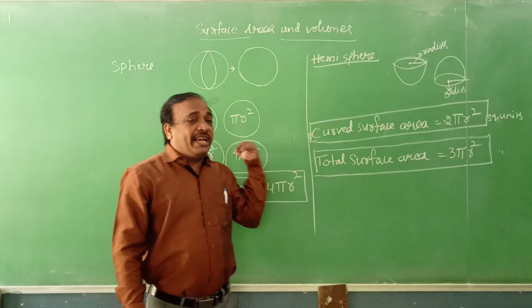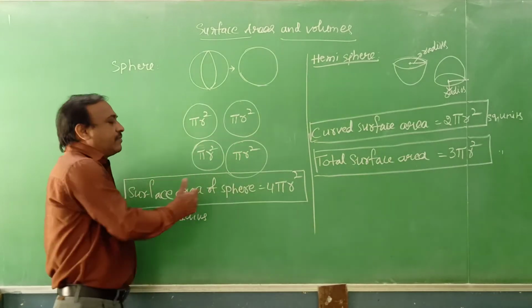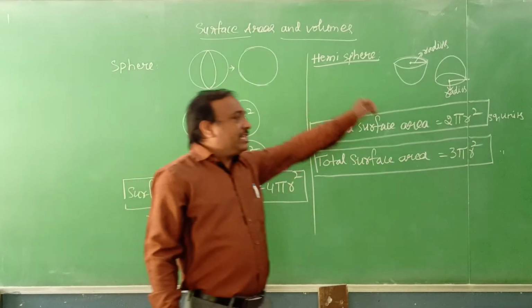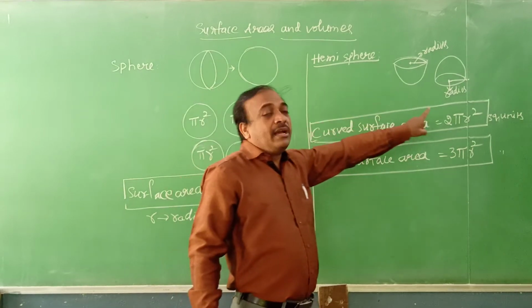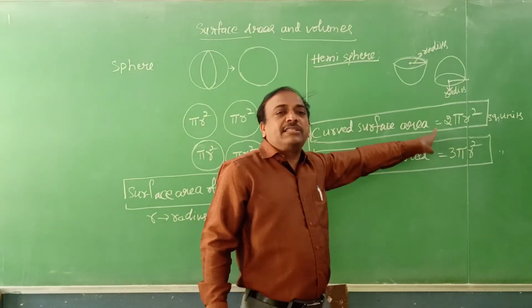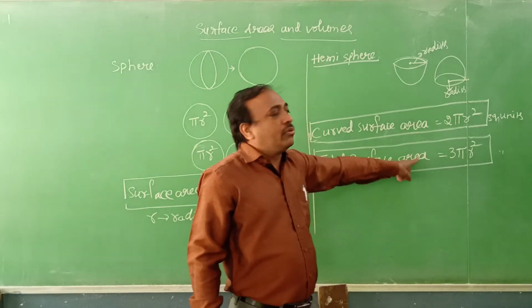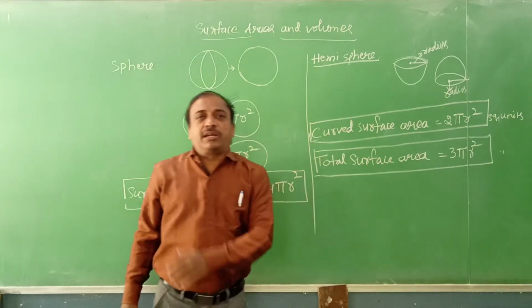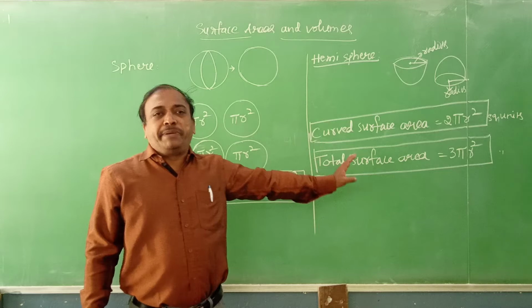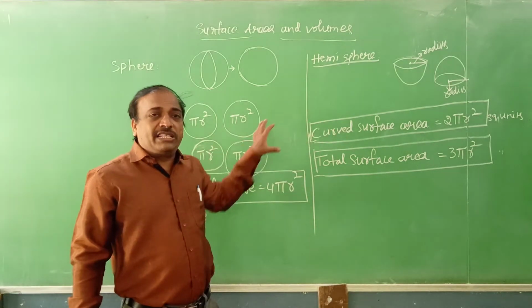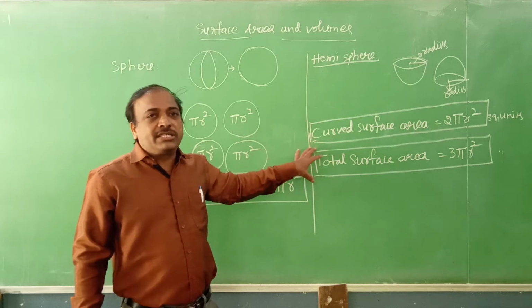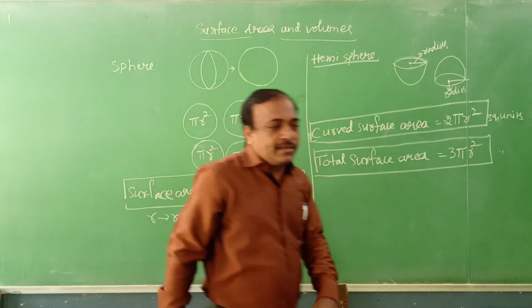The spherical shape is 4 pi r square. Now we will discuss some questions based on the hemispherical shape and spherical shape.